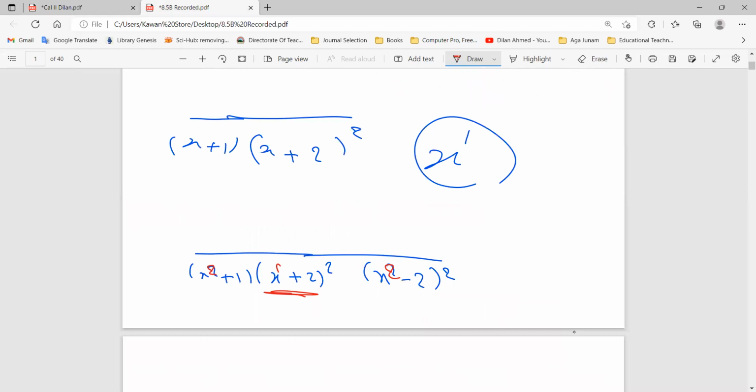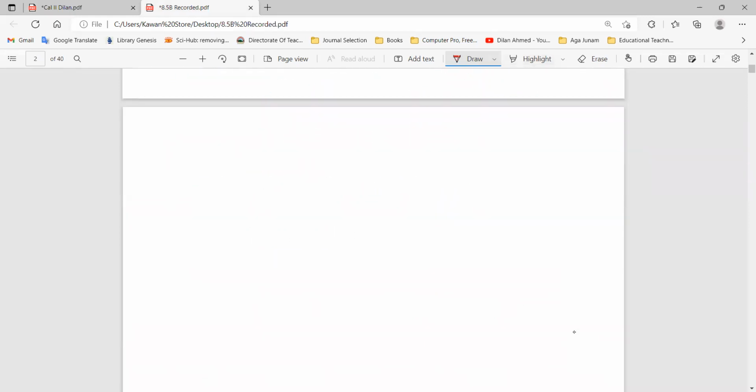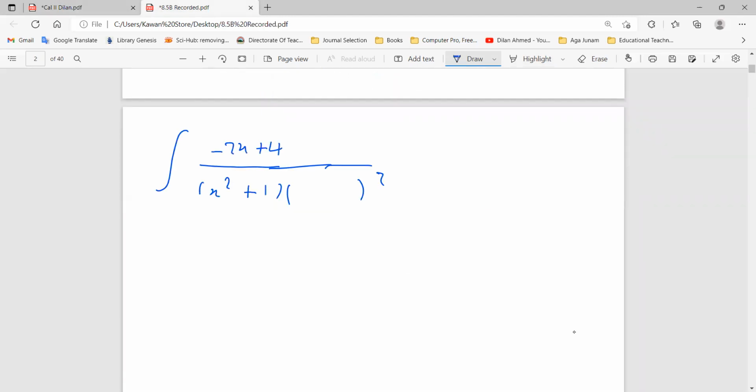Minus 2x plus 4 over plus 1 minus 1. Understood? So now how do we deal with that one?